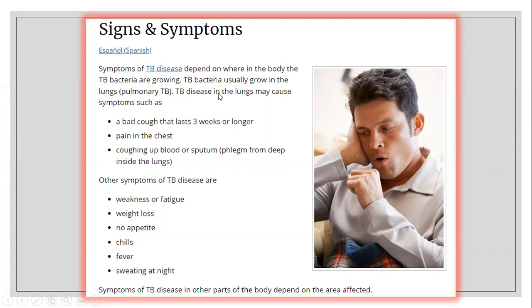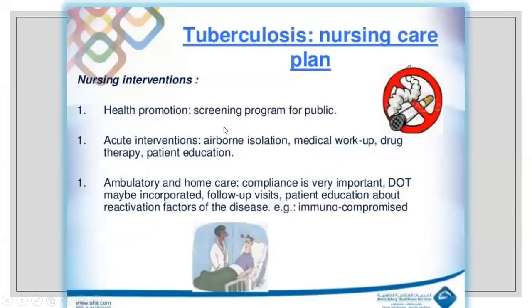TB disease in the lungs may cause symptoms such as a bad cough that lasts three weeks or longer, pain in the chest, and coughing up blood or sputum. Other symptoms: weakness, fatigue, weight loss, no appetite, chills, fever, and sweating at night. Very important for the NCLEX board.